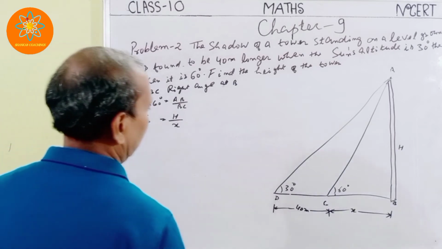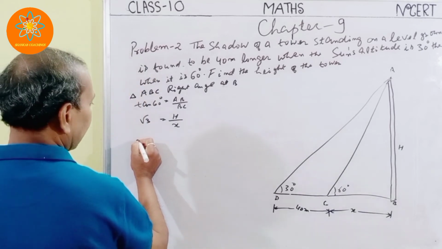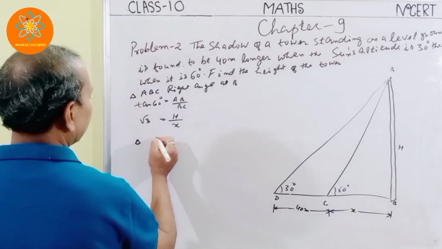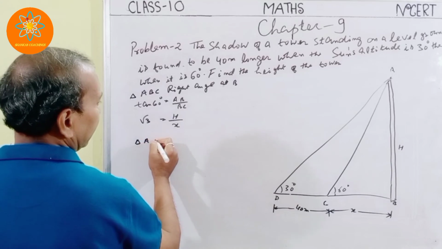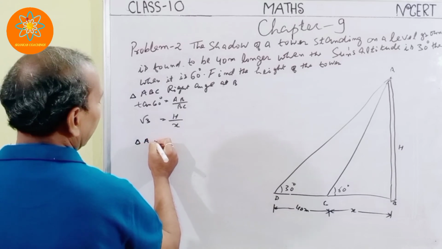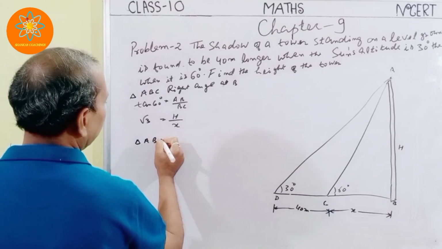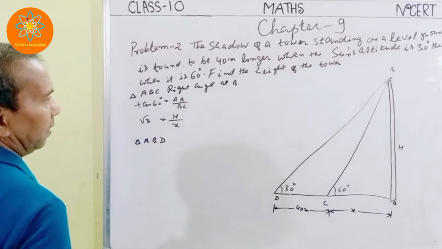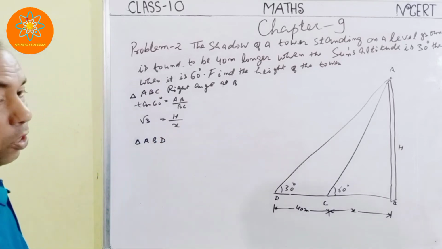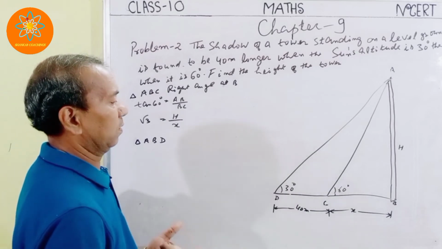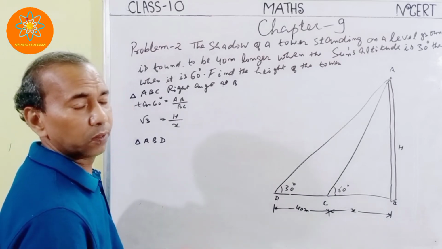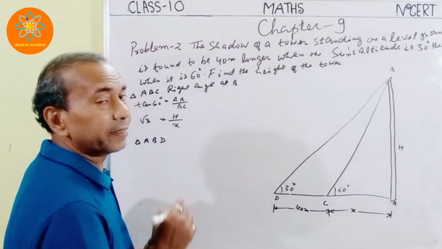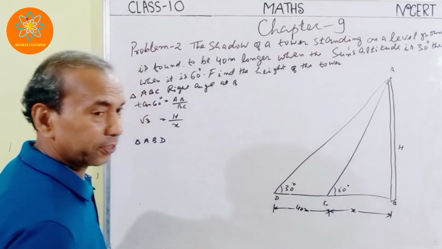Then triangle ABD. Basically, you try to find how many right angle triangles are there, then you make the calculations.